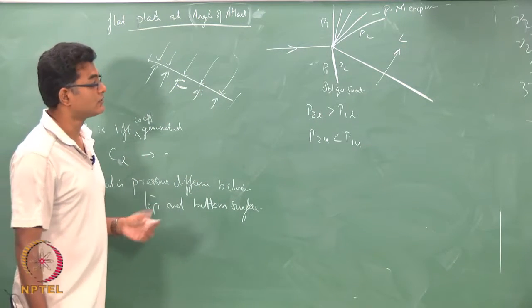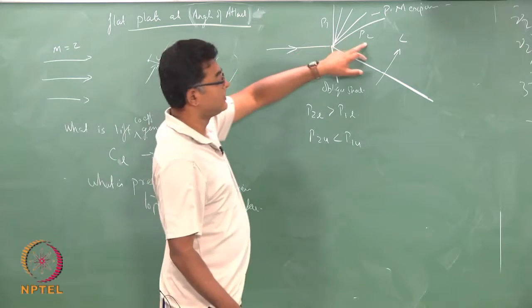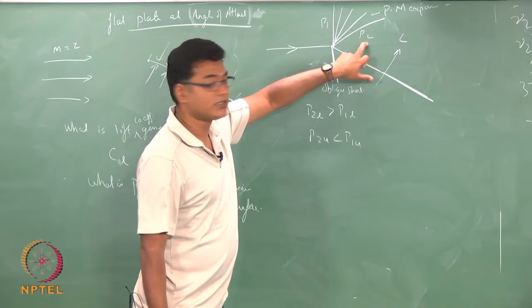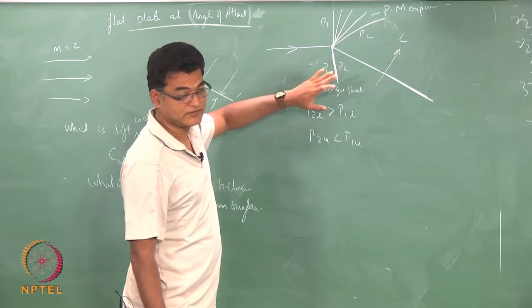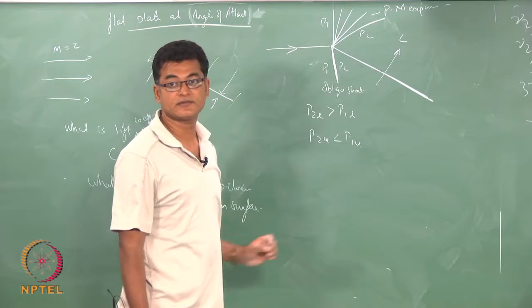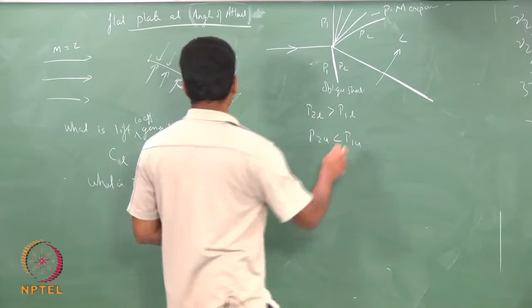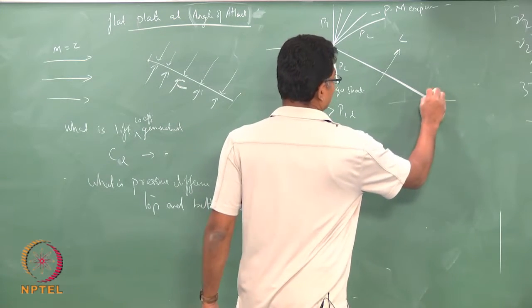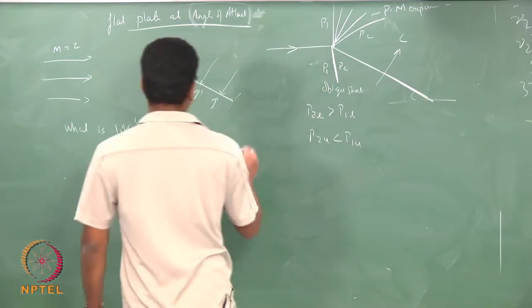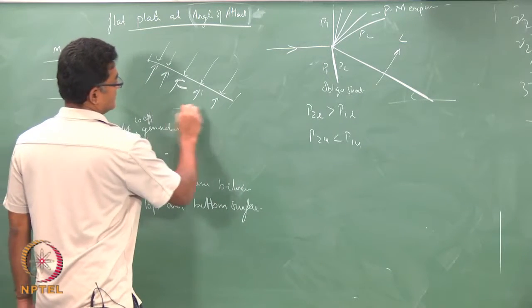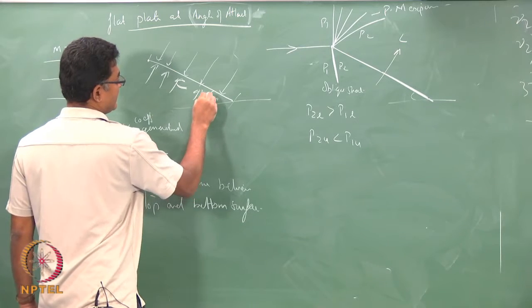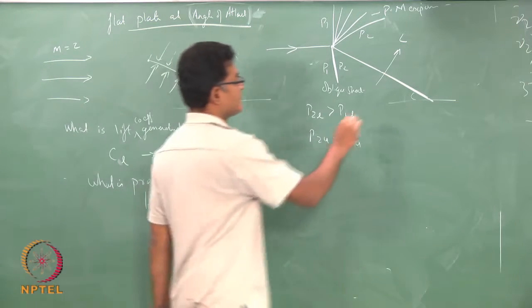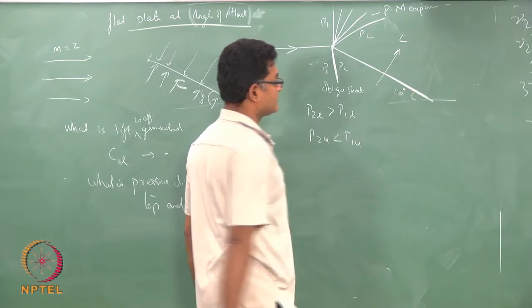All you need to find is P2 at the lower surface and P2 at the upper surface, and find the difference. And the angle of attack, let us take 10 degrees.